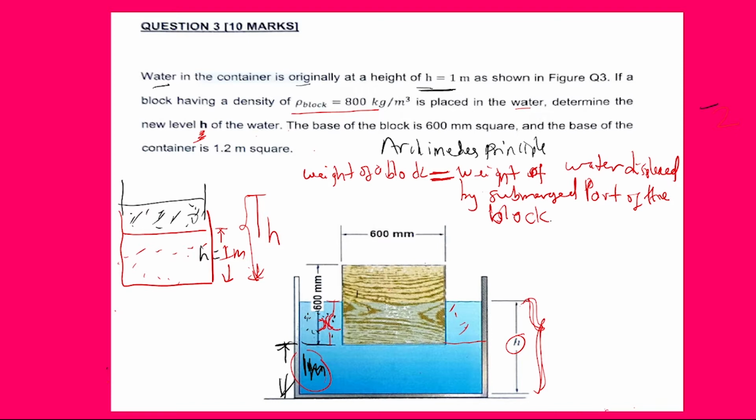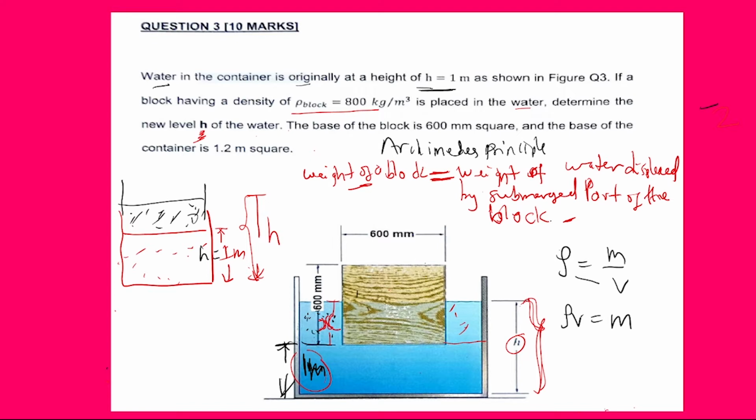Now, they give us some information, which we're going to use now. You're going to see how we're going to use it. But look, what is the weight of the block? What is the weight of the water displaced? In physics, we say density equals mass over volume. If you multiply, density times volume equals mass.